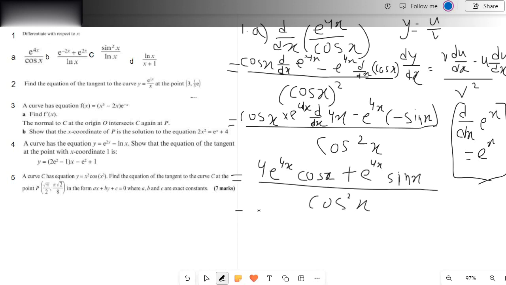We can also take a common factor of e to the power 4x to get e to the power 4x divided by cos squared x, with brackets of 4 cos x plus sin x, and this is our answer.